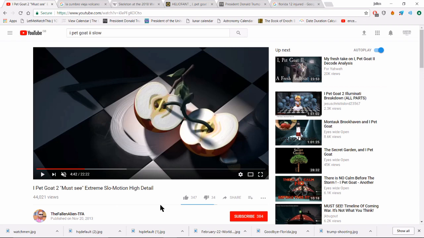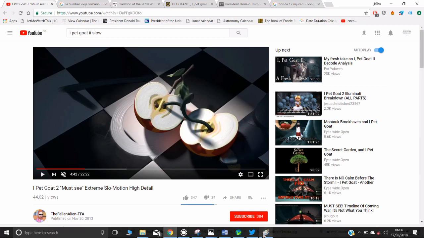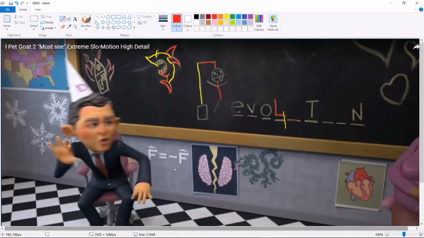More correlation. So I took a look at the chalkboard scene, because the chalkboard scene seems to have a lot of different meanings. Although it seems to be sparsely filled with images, it has a lot of different correlations.